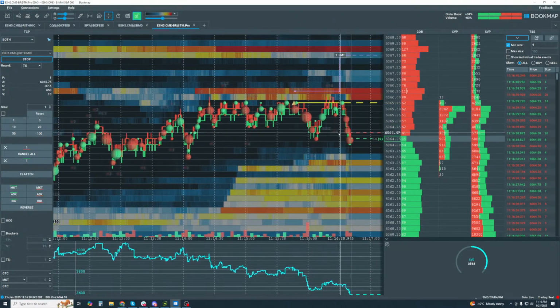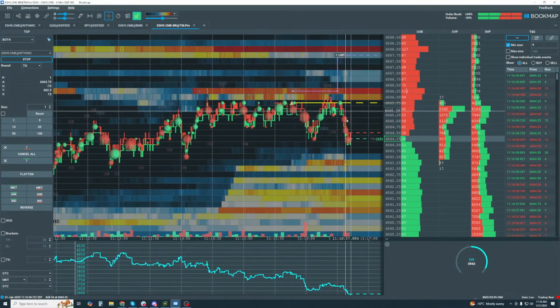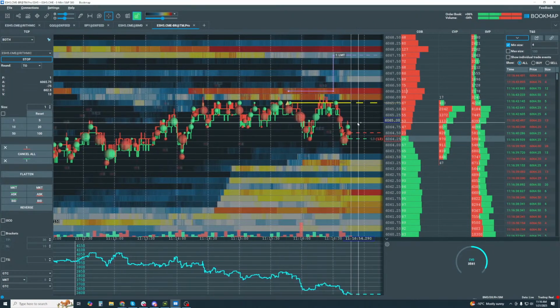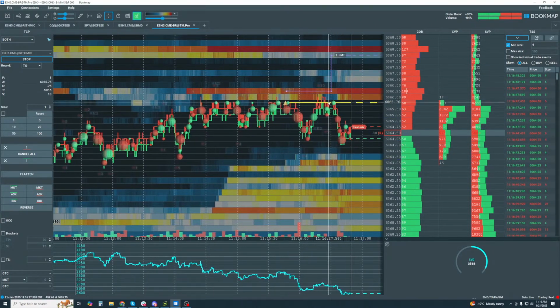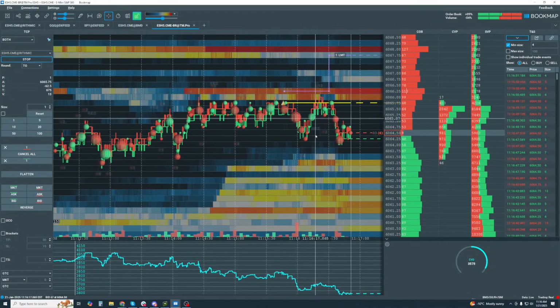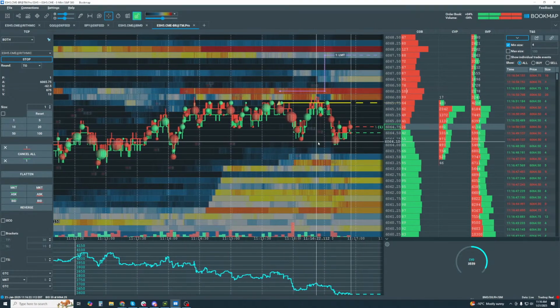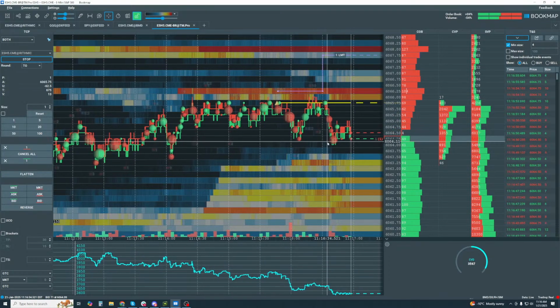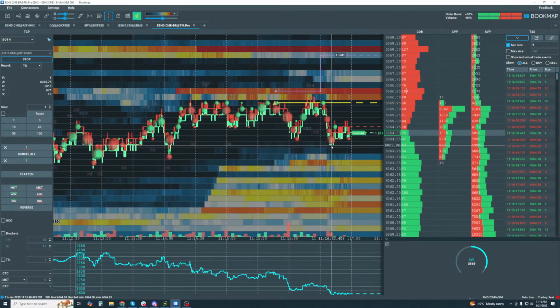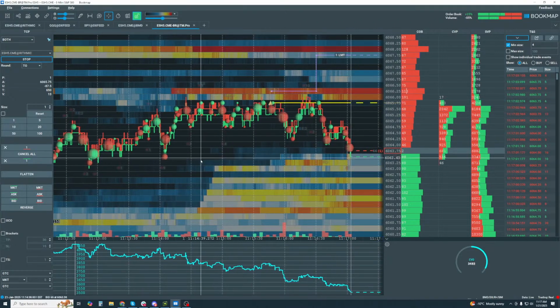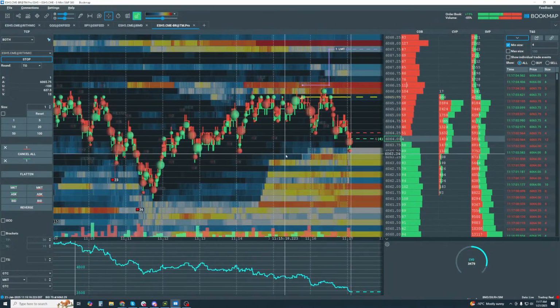So we'll see here. Bid still looks pretty good here. I just can't get through this liquidity right now. Rotate lower. Still rotating lower to the bid.